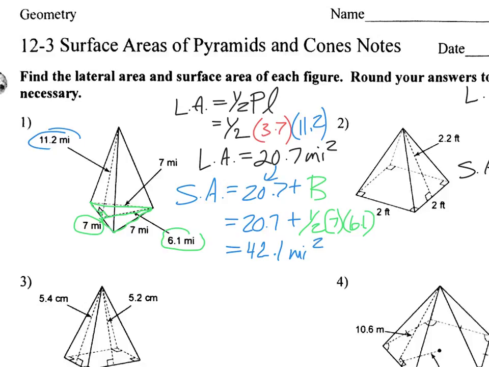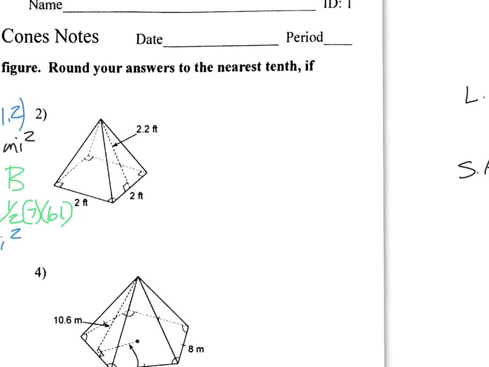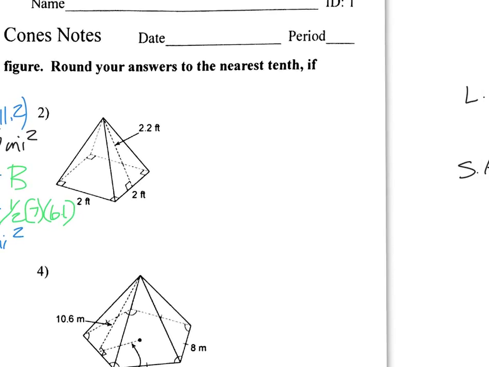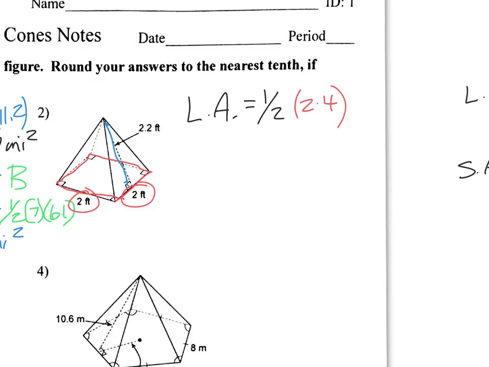Okay, so now that we've done one, hopefully these will go pretty fast for you. Lateral area here, 1/2 perimeter. Okay, so that's the perimeter of the base figure. Those are all 2 because that's a square. So that would be 2 times 4, because it's got 4 sides, times the slant height, which is right there.